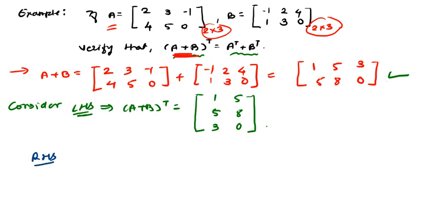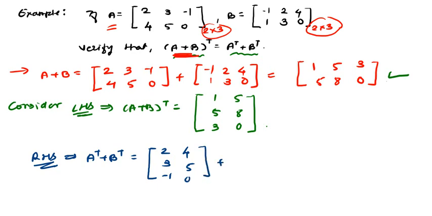The RHS is A transpose plus B transpose. Firstly, find out what A transpose is. A transpose will be 2 3 minus 1, 4 5 0, plus B transpose, which will be minus 1 2 4, 1 3 0.